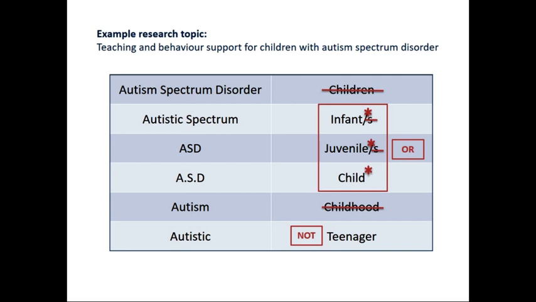And you can also see at the bottom that I've added another Boolean operator. I've added a not. I've decided, and for your own topics you can decide for your own essay, that teenagers don't count for my research topic because it specifically mentions children and I think teenagers are too old. So I'm going to use a not to exclude them from my search.